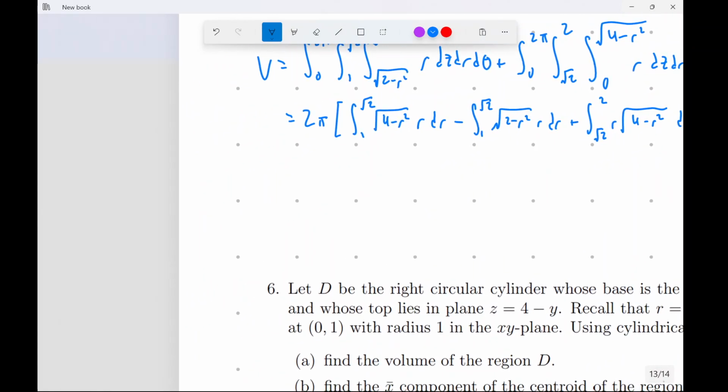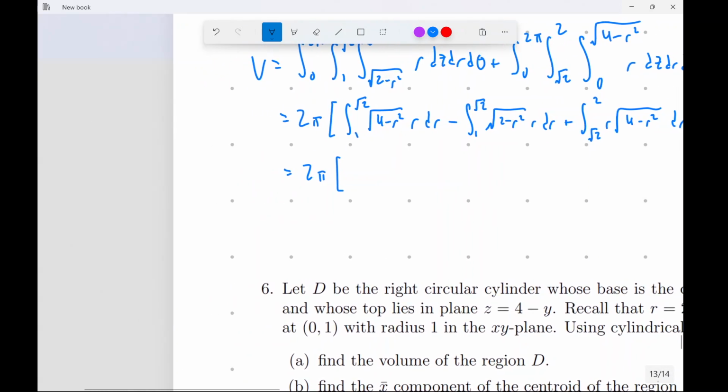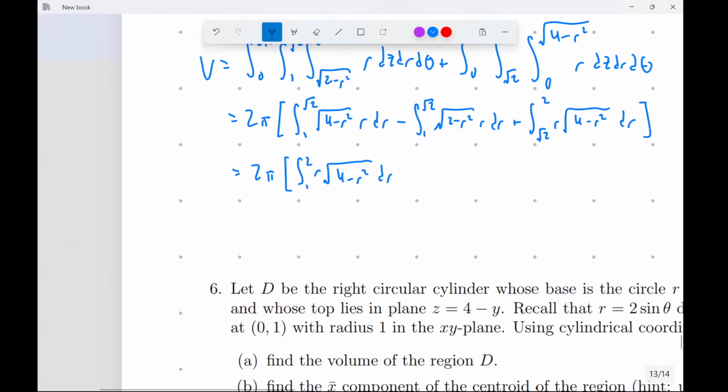And then just as a quick simplification, because it'll make my life easier, I'm going to combine the first and the last integral. That'll be integral from 1 to 2 of r times the square root of 4 minus r squared dr minus integral from 1 to root 2 of r times the square root of 2 minus r squared dr.